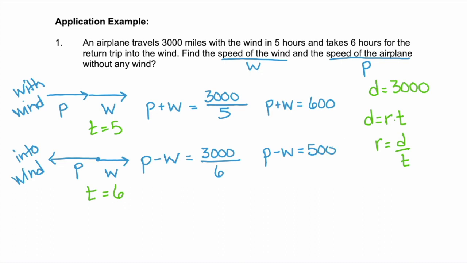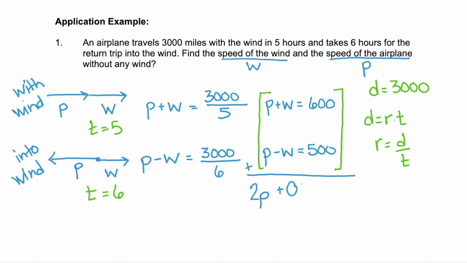And notice that these two equations are set up perfect for us to use elimination. Because when we add, the positive W and the negative W are going to cancel each other out. So let's add these two equations together. P plus P gives us 2P, and W plus a negative W, they cancel out.